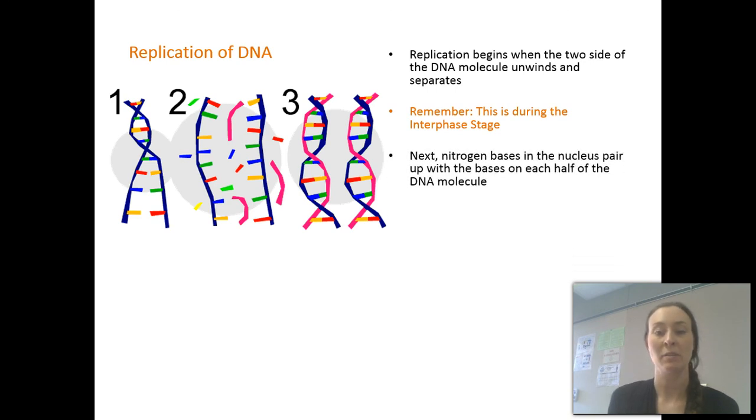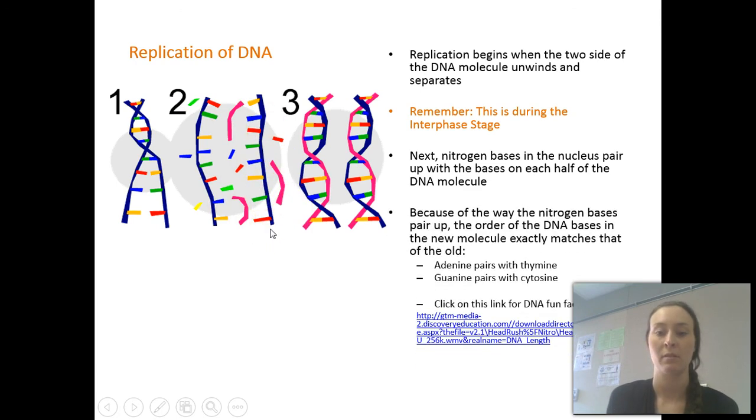Next, nitrogen bases in the nucleus pair up with the bases on each half of the DNA molecule. So we see those nitrogen bases in the pink that are pairing up with each half of the DNA molecule. Because of the way the nitrogen bases pair up, the order of the DNA bases in the new molecule exactly matches that of the old, because adenine pairs with thymine and guanine pairs with cytosine.